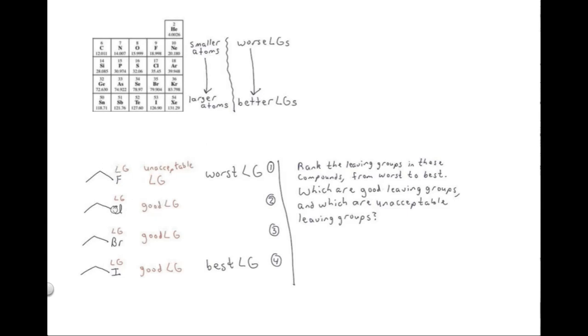On the other hand, when we say that chlorine, bromine, and iodide are good leaving groups, we mean, for example, that an E2 mechanism could occur at a substantial rate with any of those leaving groups. Nevertheless, even though E2 could occur with chlorine, bromine, or iodide, the E2 would still be fastest with iodide, slower with bromine, slower with chlorine. And then, of course, E2 would be so slow with fluorine that the rate would be close to zero.